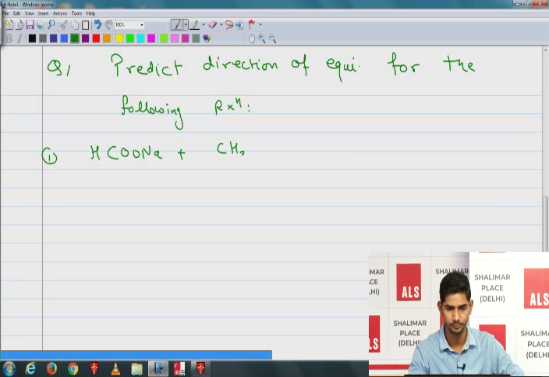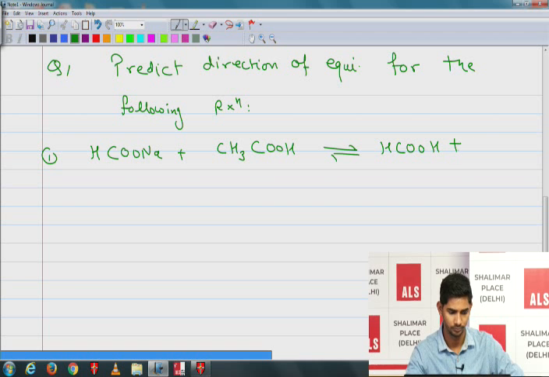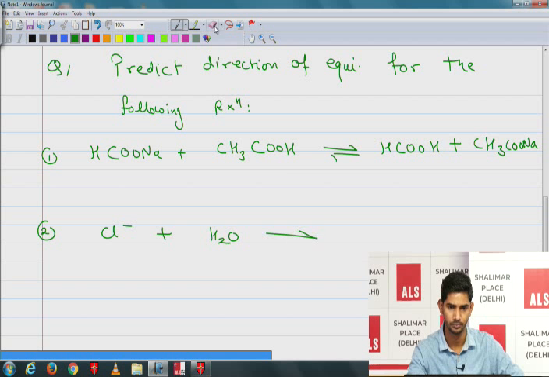Question 1: HCOONa with CH3COOH. Number 2: Cl minus plus H2O is giving you HCl plus OH minus.